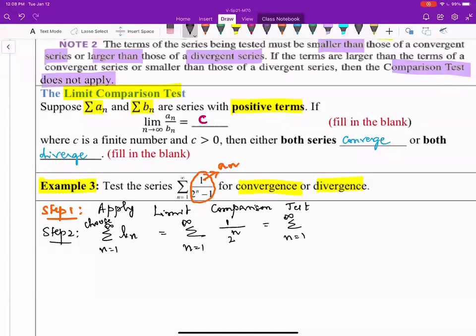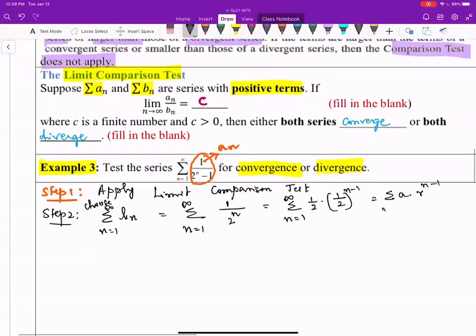So you can write this as 1 over 2, 1 half to the power n minus 1. So this is of the form sigma A times r to the power n minus 1, which is clearly a geometric series with starting term A equal to 1 half and common ratio equal to 1 half as well.